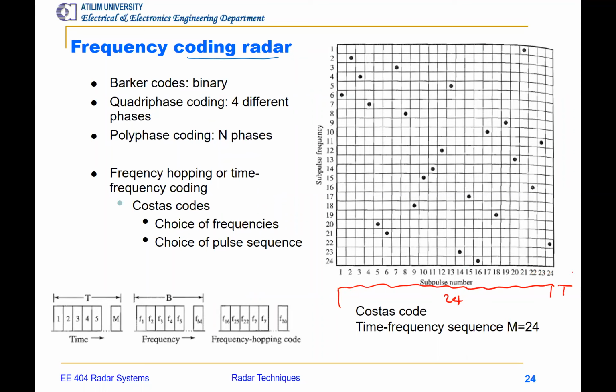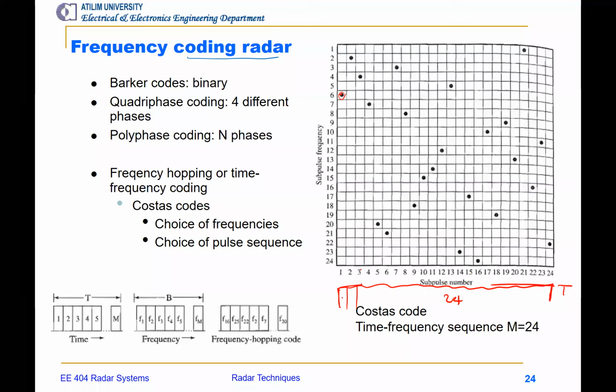And each sub-pulse here has a different frequency. So there is a frequency code for one long pulse.